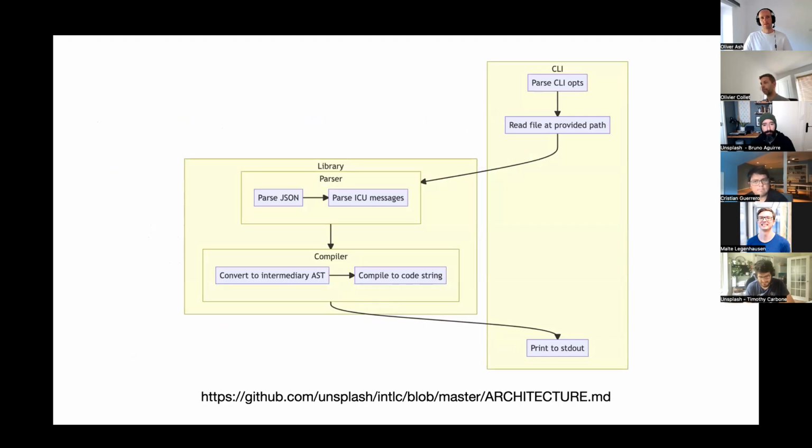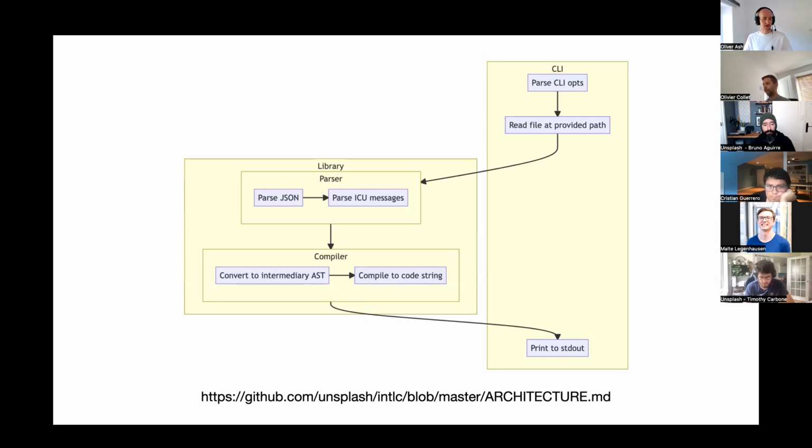It takes a string of JSON, parses that into JSON, then parses the ICU message string into an AST, and then we can convert that AST into any language. At the moment, we support TypeScript and TypeScript React, but it's just a compilation. You can convert that AST into any other AST.